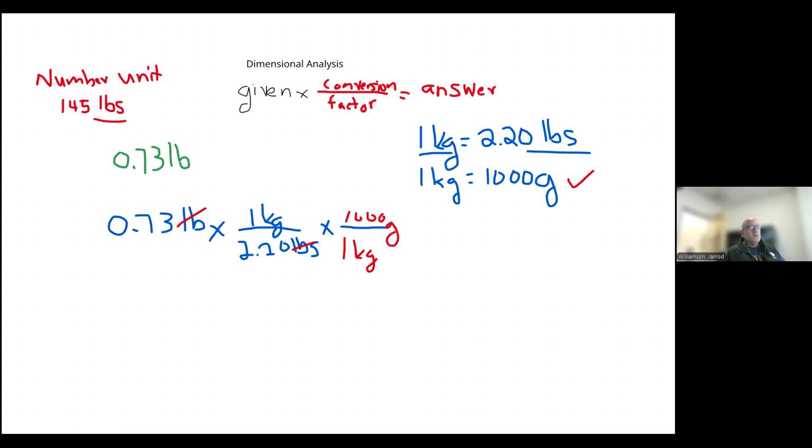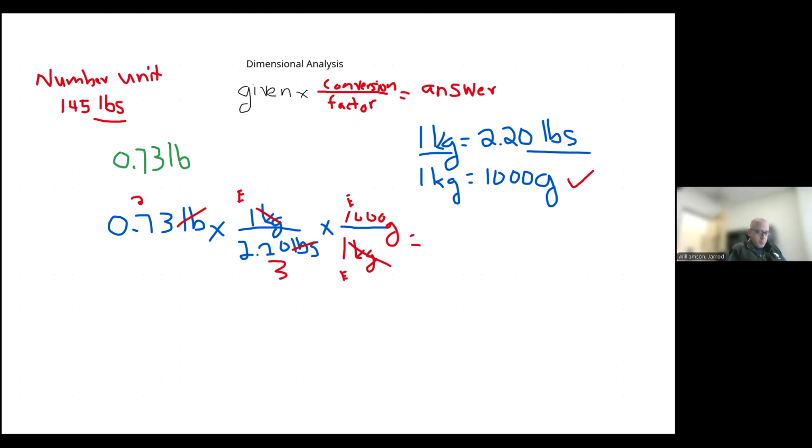Kilograms cancels with kilograms. This is 2 sig figs. This is 3 sig figs. This is exact, exact, exact. So my answer can only go to 2 sig figs.